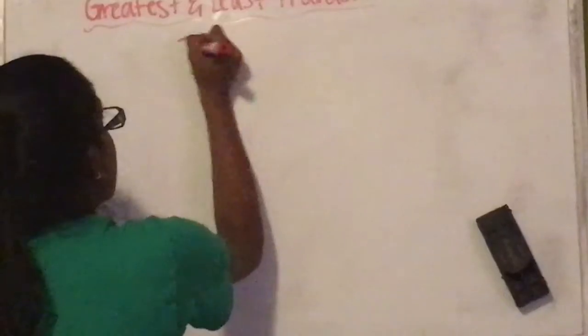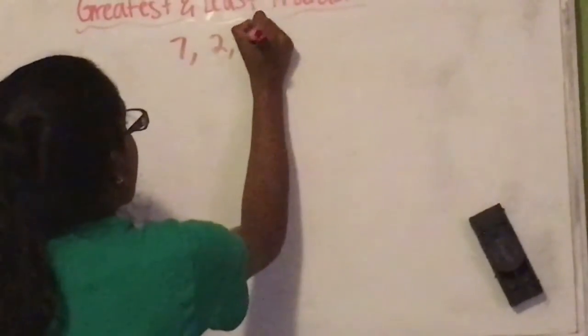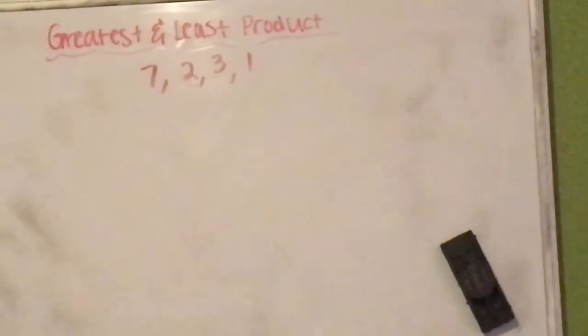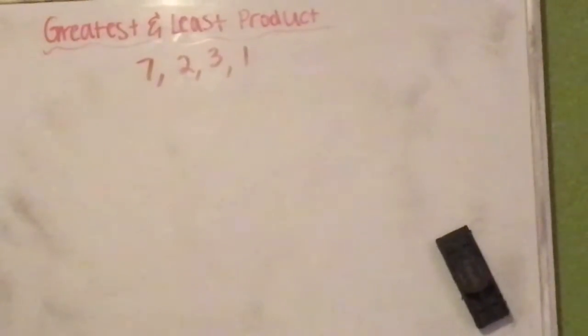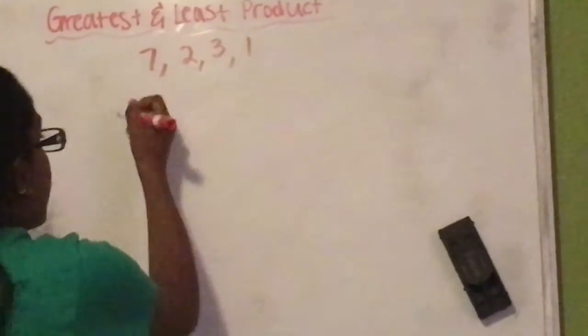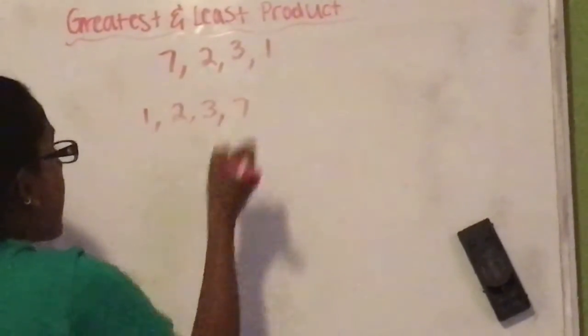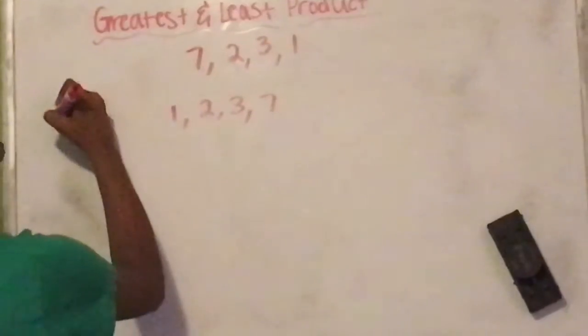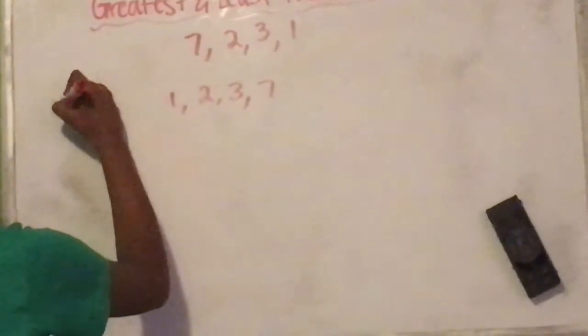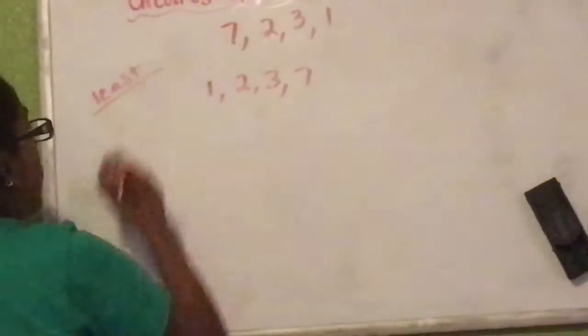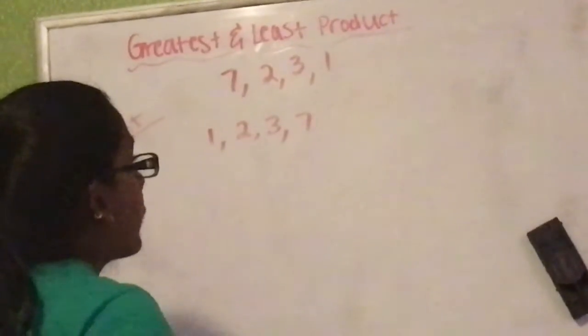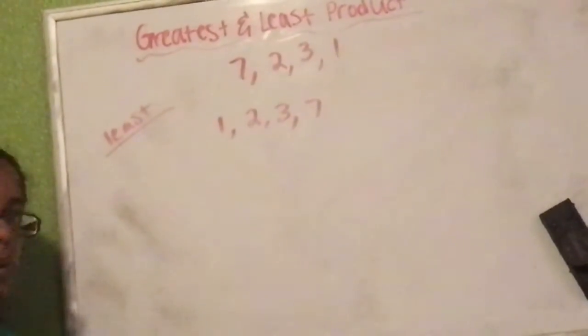Now let's try this. Say I gave you the numbers 7, 2, 3, 1. What is the first step? First step is ordering it from smallest to greatest. So it becomes 1, 2, 3, 7. And keep in mind we're doing the smallest product or the least product. Now, we associate each of these numbers with a letter.